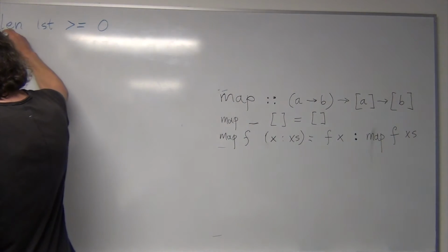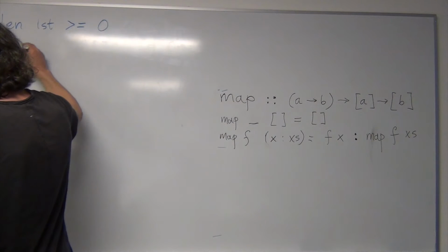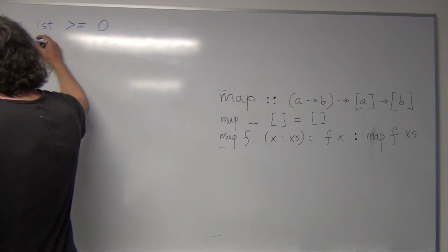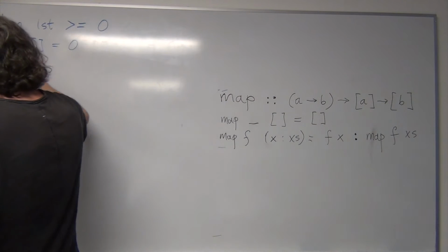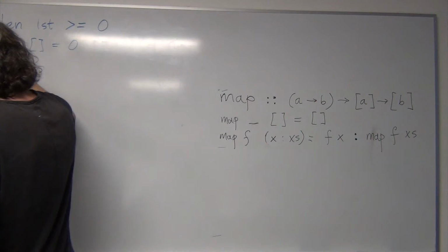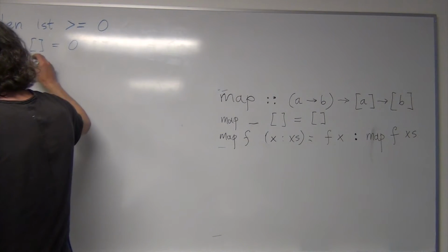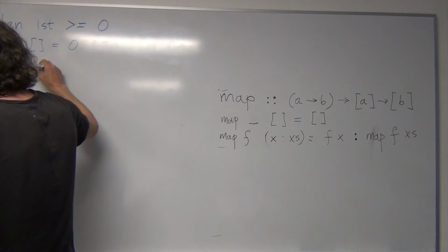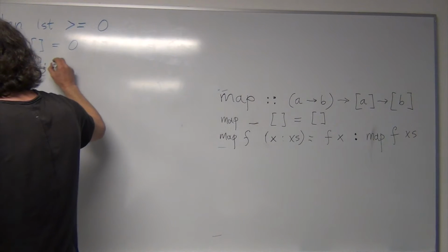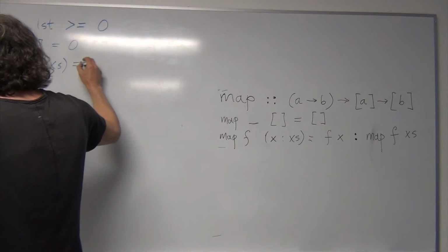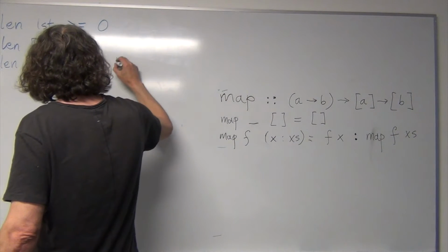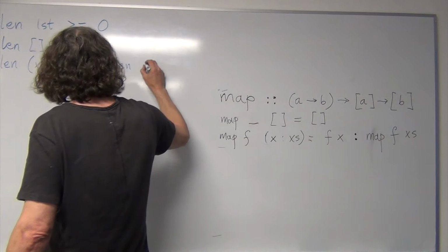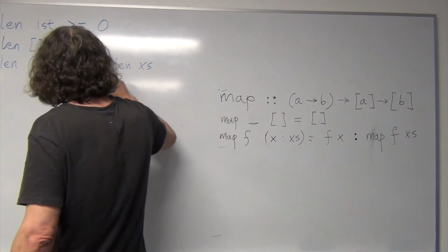Okay. Well, let's first define what length is, right? Oh, I mean, we have already done this, right? But its definition is recursive, right? So the length of x colon xs is equal to 1 plus length of xs, right?